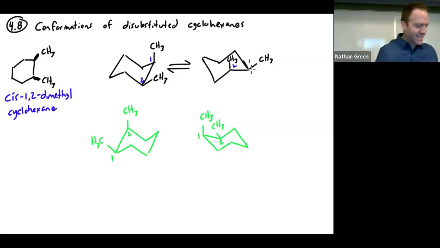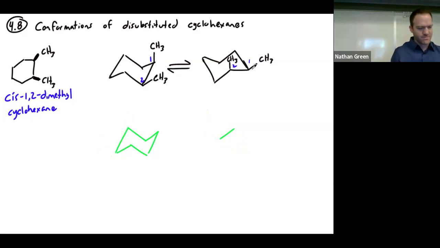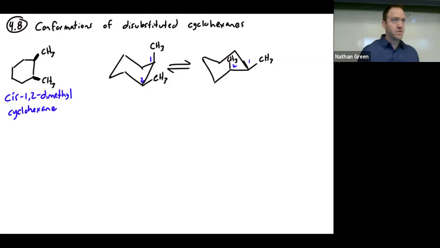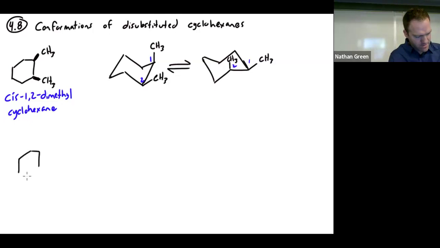Okay. Let's talk about molecules where it's different. So that was cis 1,2-dimethyl cyclohexane. What if we had the other one?